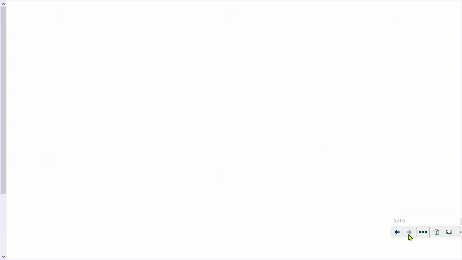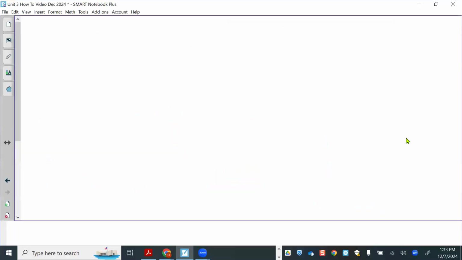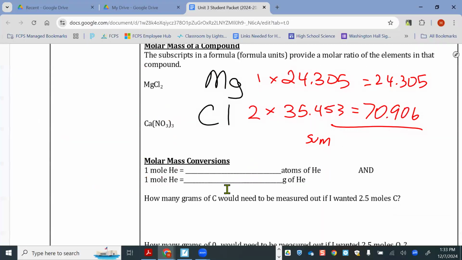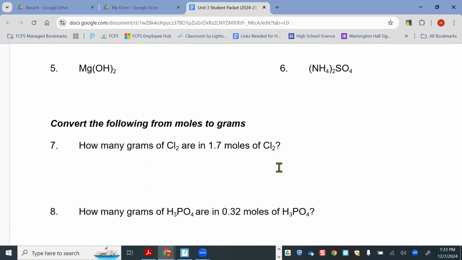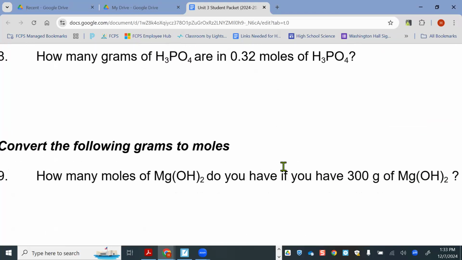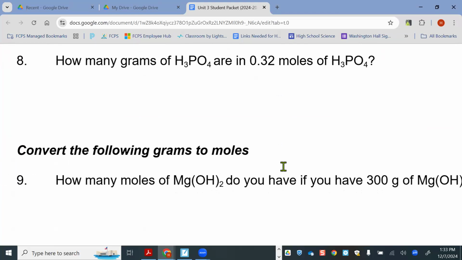I'm going to work out a problem from the notes packet. So this one, besides just having to figure out the molar mass, which you actually figure out in one of the questions 1 to 7, but because I didn't do those on this document yet, I'm going to actually do the whole thing.